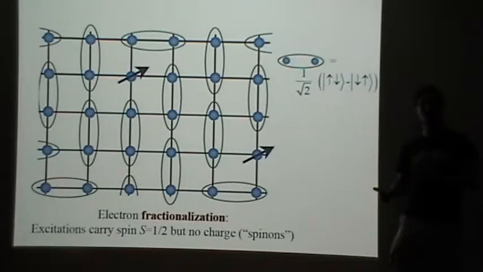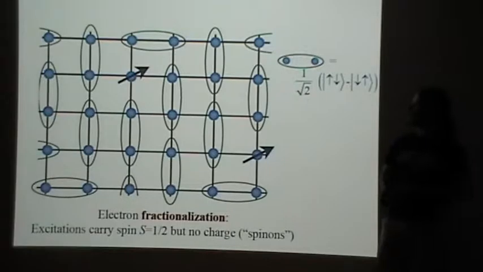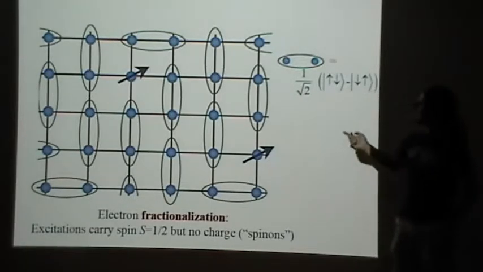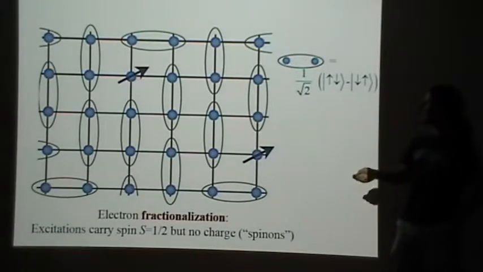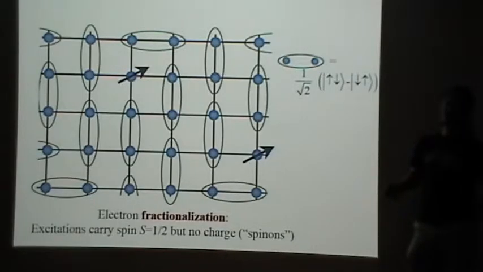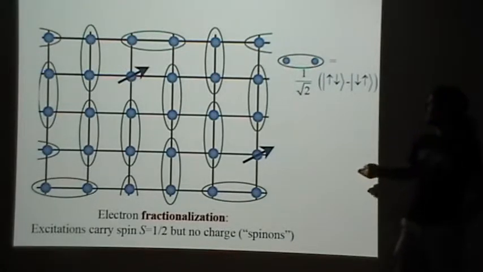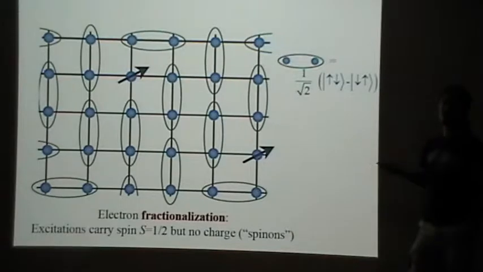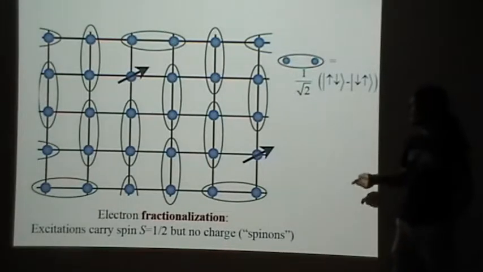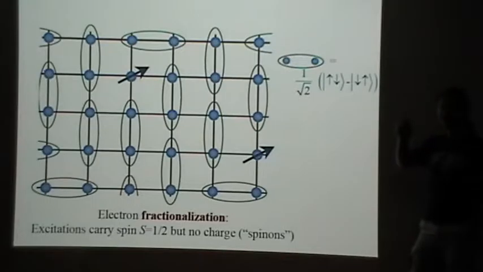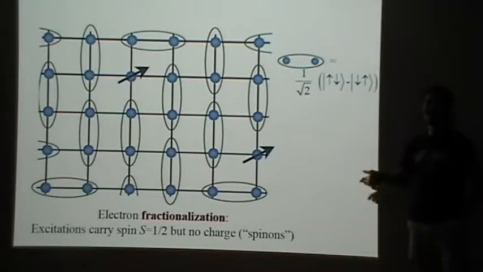Those don't have a charge then, but they have integer spin. So in this spin liquid, now you can have these spinon excitations, which have a spin 1/2, but don't have a charge. So that's why you have a fractionalized electron, because you separated the spin 1/2 degree of freedom from the charge degree of freedom. So did this now get completely clear with this picture, or any more questions?